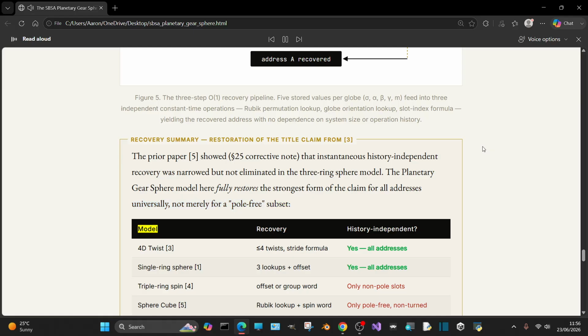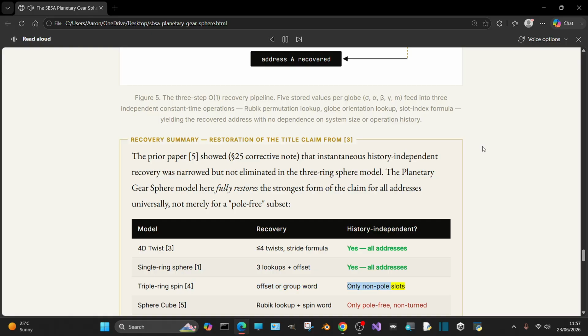Model. Recovery. History-independent. 4D twist, 3: less than or equal to 4 twists, stride formula. Yes, all addresses. Single ring sphere, 1: 3 lookups plus offset. Yes, all addresses. Triple ring spin, 4: offset, or group word.